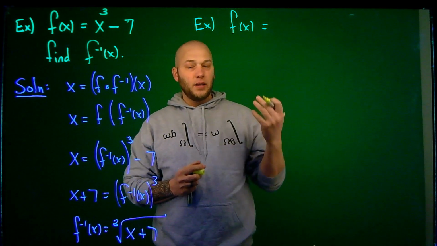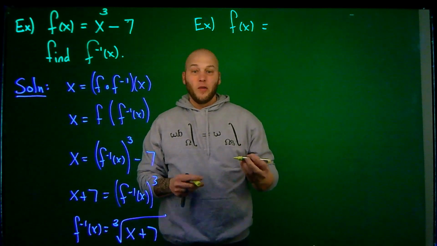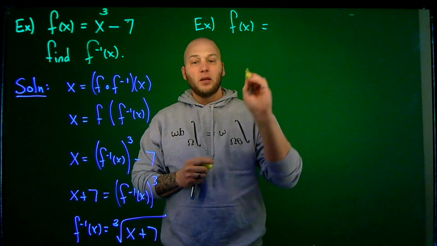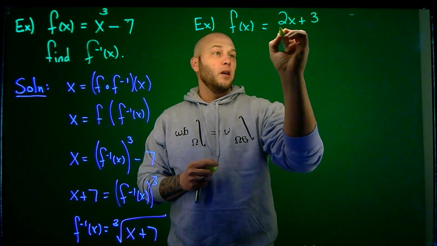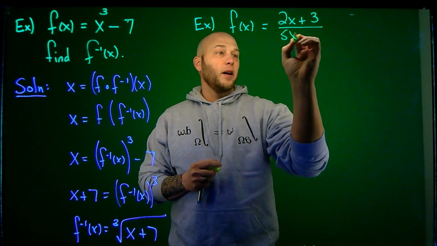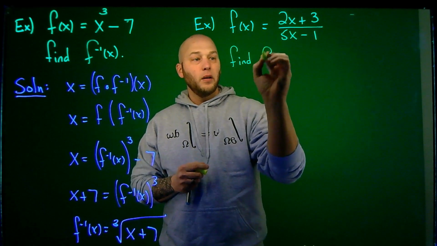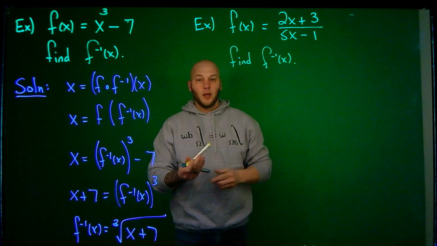And usually the example that you first see with multiple x's is some sort of a rational function with a linear on top and a linear on the bottom. In other words, something like this one: 2x plus 3 divided by 5x minus 1. And then once again, of course, find f inverse. Okay, let's go ahead and do that.